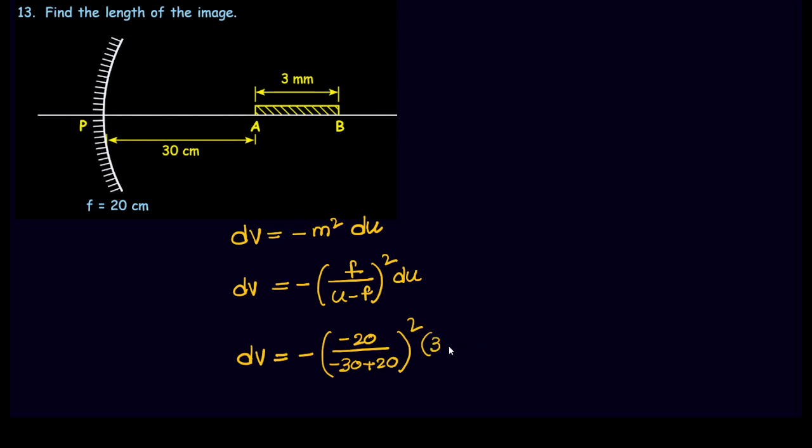The units will get cancelled. The length of the image comes to minus 400 by 100 into 3 mm, which is minus 12 mm.